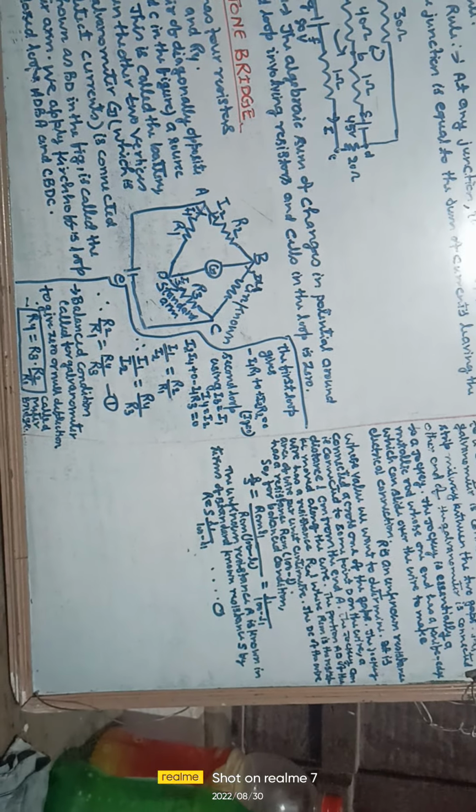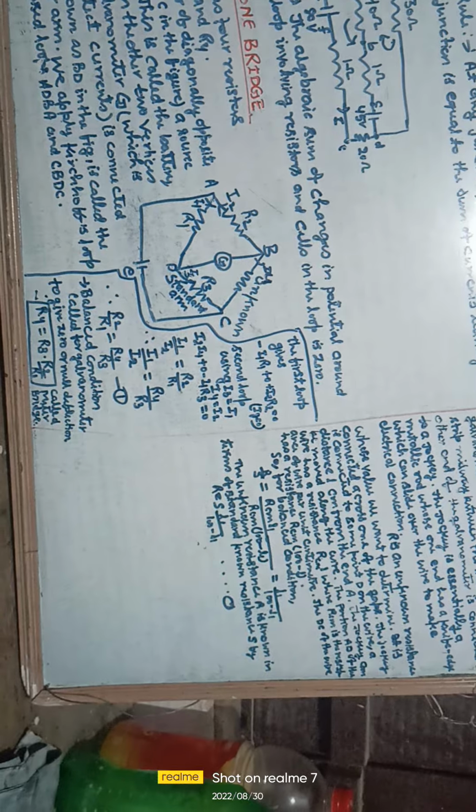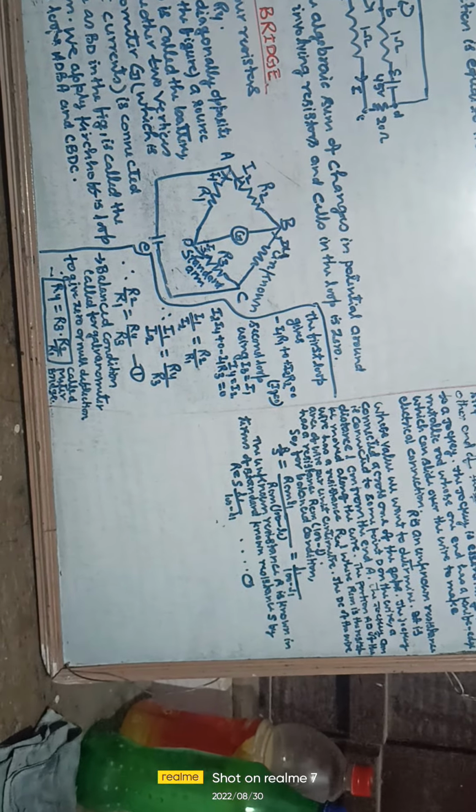So I1/I2 equals R2/R1, and I1/I2 equals R4/R3. So R2/R1 equals R4/R3. This is the balance condition for the galvanometer to give zero or null deflection. So R4 equals R3 R2/R1.